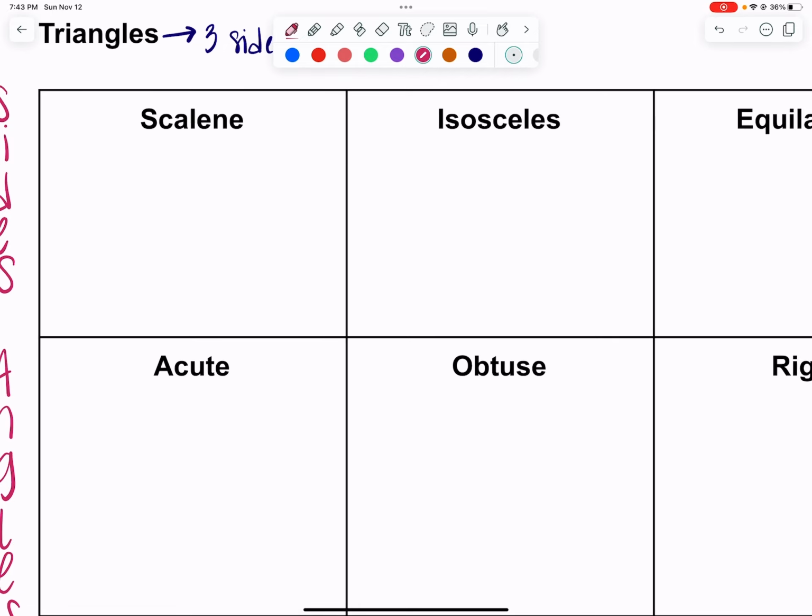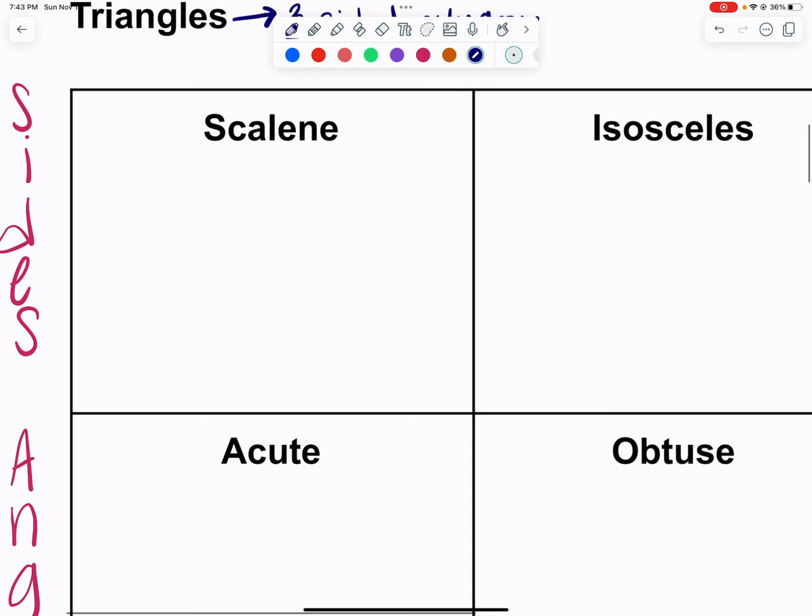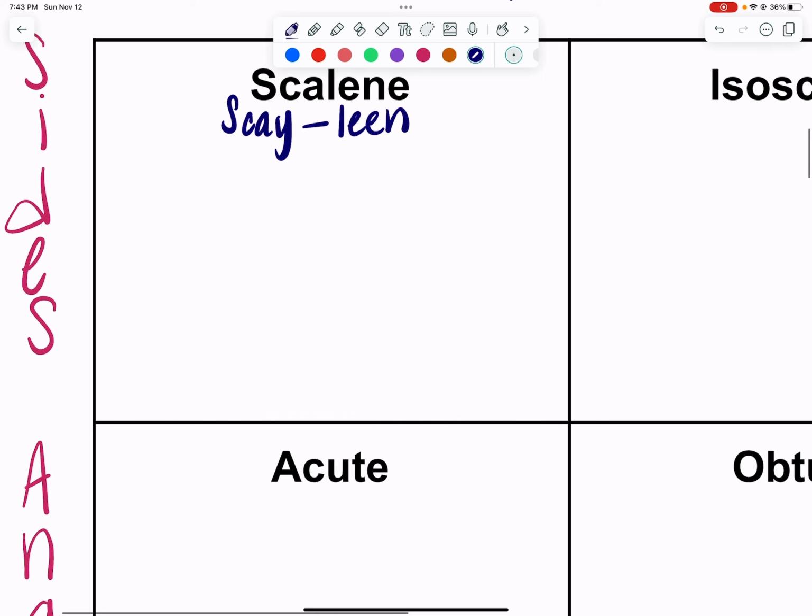When we talk about their sides, we are interested in how many congruent sides they have. Congruent means same size, same shape. So a scalene triangle, that's how you say it, scalene. Please don't spell it that way, but that's the way it is said. This has 0 equal sides.